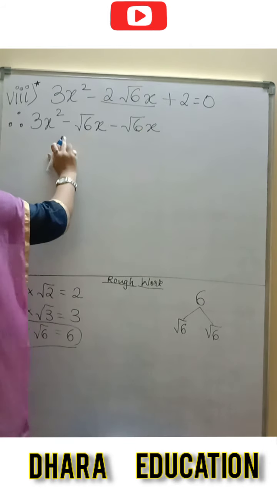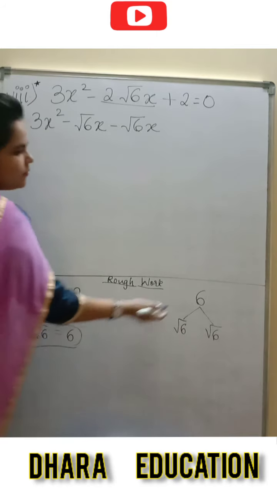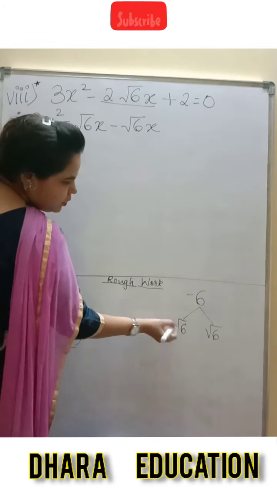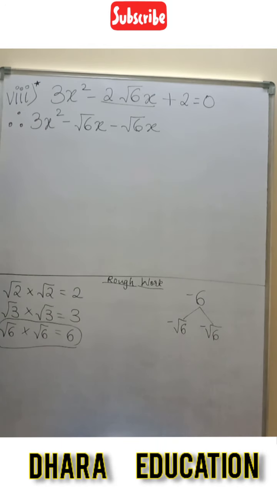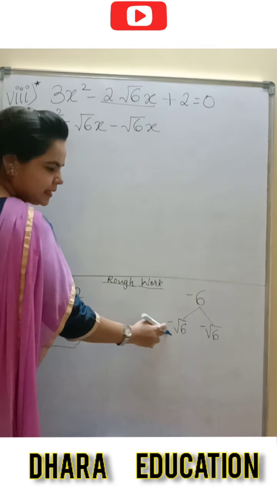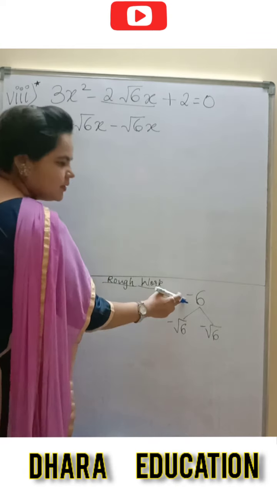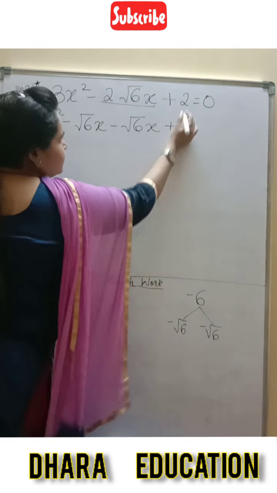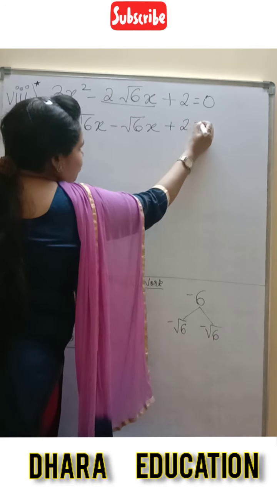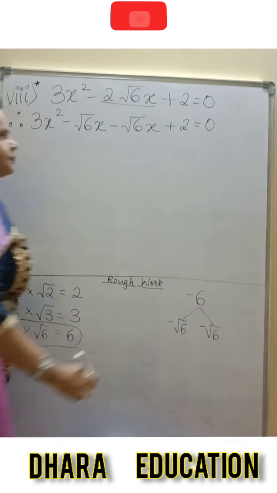Why minus on both sides? Because we need minus. So here also minus will come, and here also minus will come. So minus root 6 minus root 6 gives you minus 6. And the third term as it is, 2 is equal to 0.